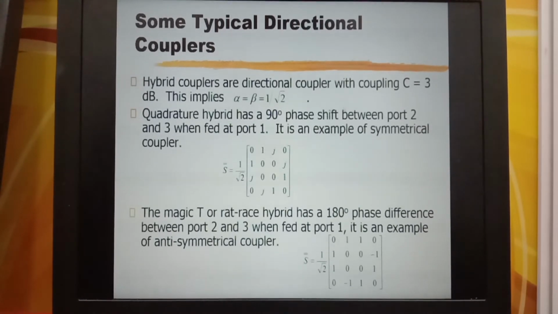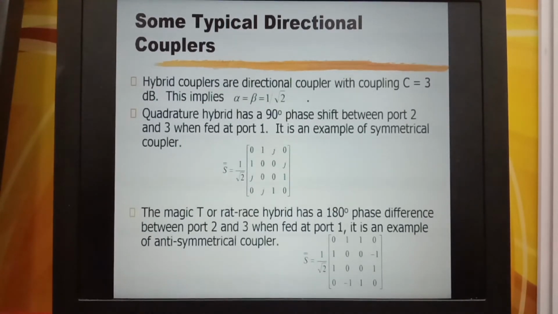In terms of the S matrix, we will have alpha equals beta, which equals 1 over square root 2, because alpha and beta are the voltage ratio instead of the power ratio.